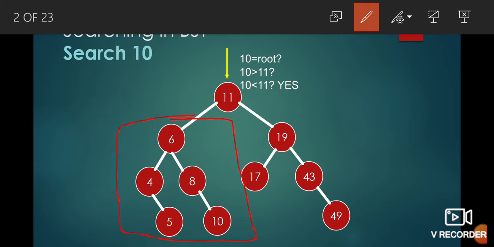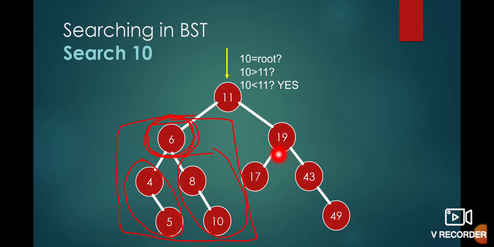If 6 is the root node, then its left subtree will be this and its right subtree will be this. If 19 is the root node of the right subtree, then 19's left subtree will be only 17, and its right subtree will be 43 and 49.